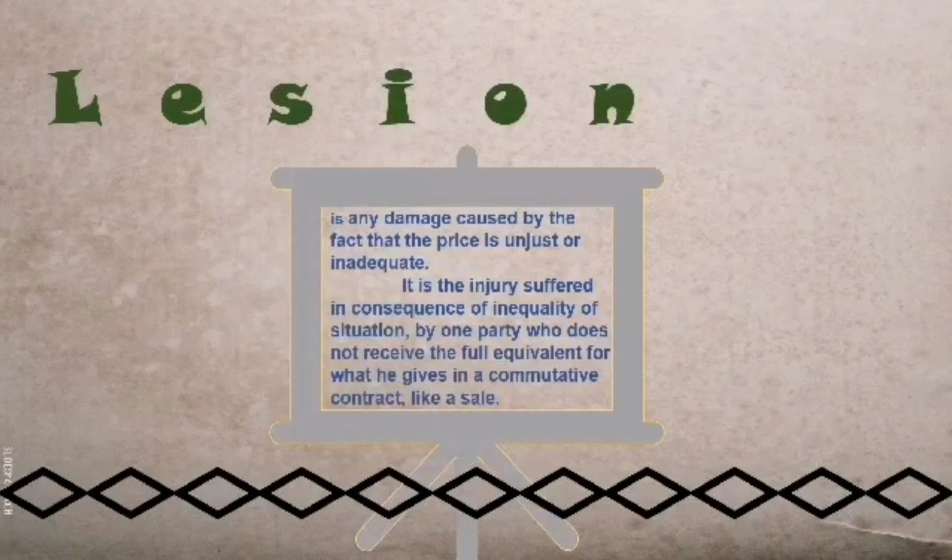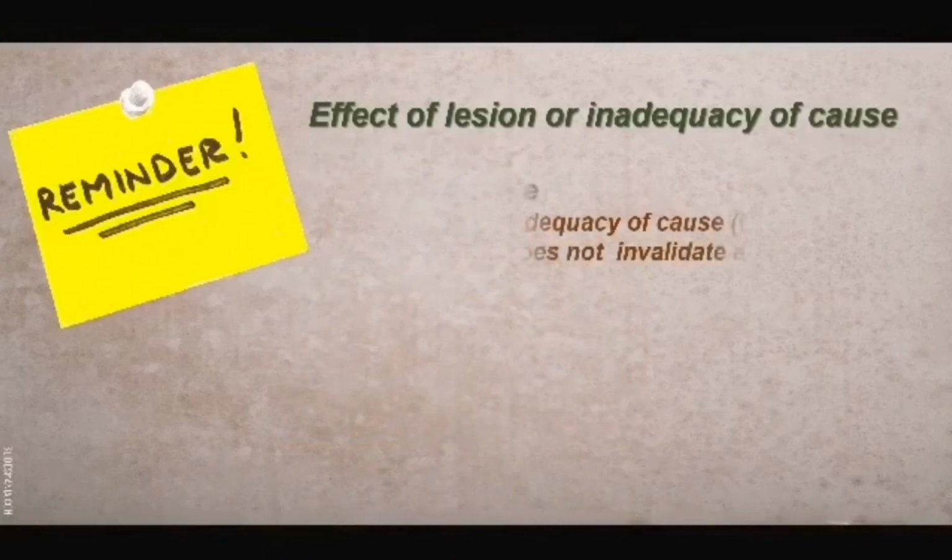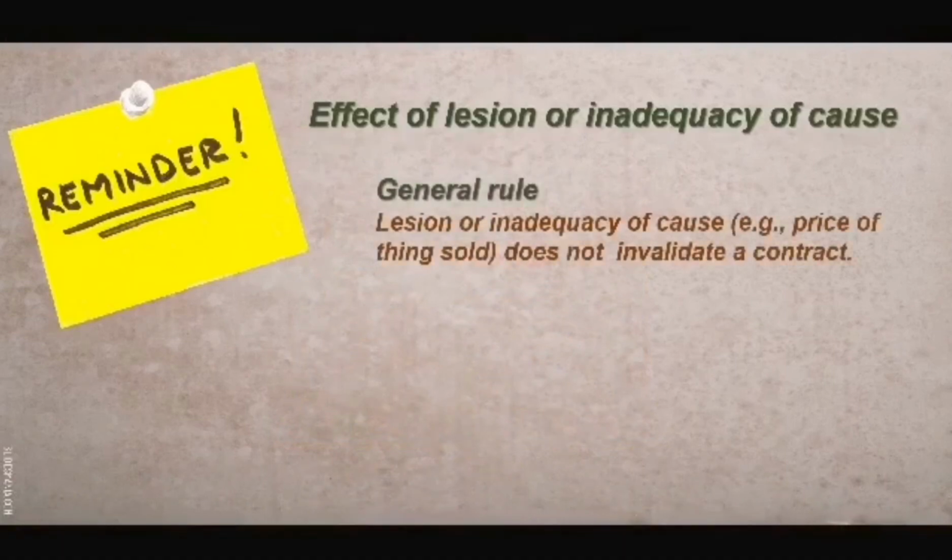So, for example, you have a car na ang real value is 500,000 pesos and binenta mo lang siya for the price of 250,000 pesos, half ng real value ng car mo. So, there's a lesion there kasi yung price is inadequate or kulang. So, what would be the effect of that to our contract? So, as a general rule, lesion or inadequacy of cause does not invalidate a contract.